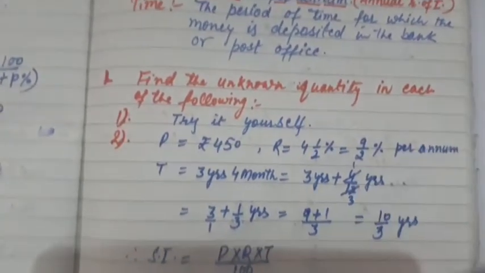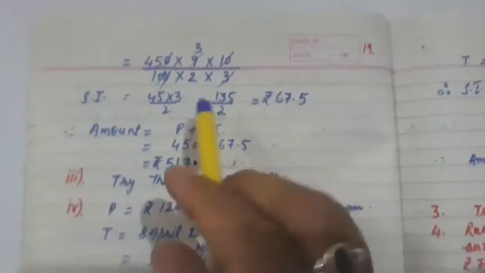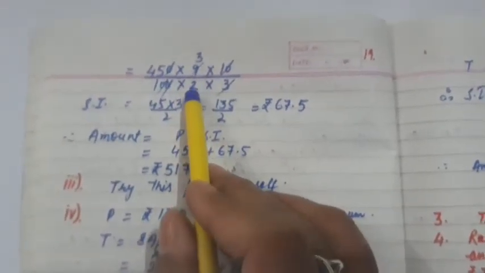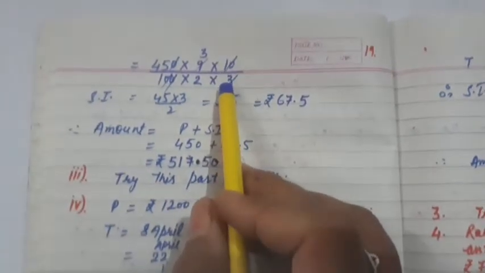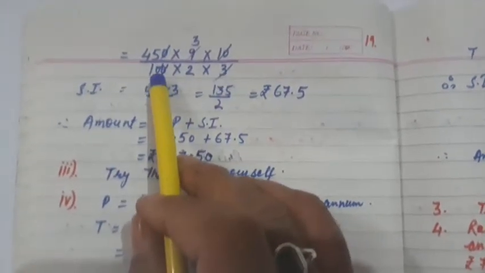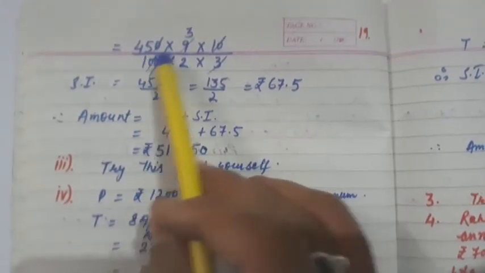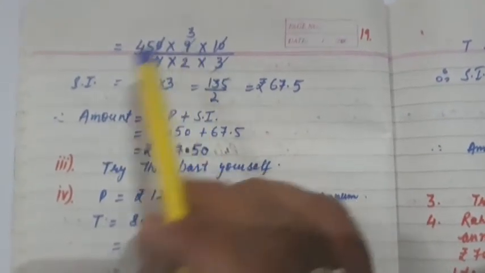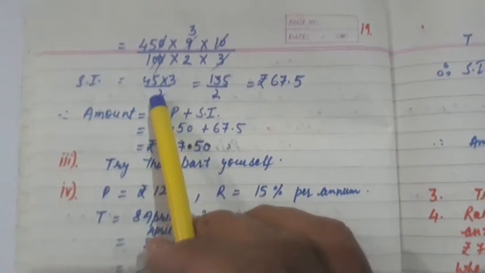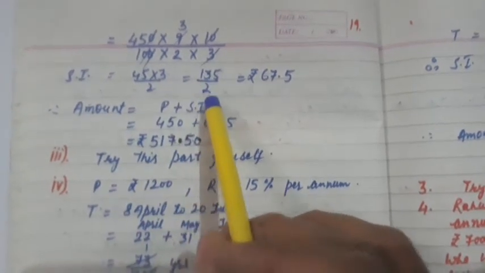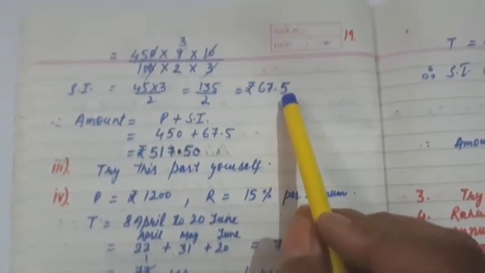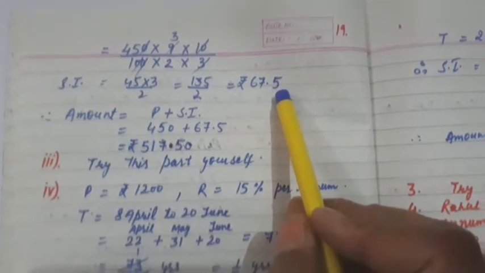The simple interest is P into R into T upon 100, and that is equal to, P is 450, 450 into 9 upon 2 into 10 upon 3, that is the time, upon 100 as it is. Now we cancel this 0 with this and this with this. 3 threes are 9. So we get 45 into 3 upon 2, that is 135 upon 2, and in decimal form it is 67.5.